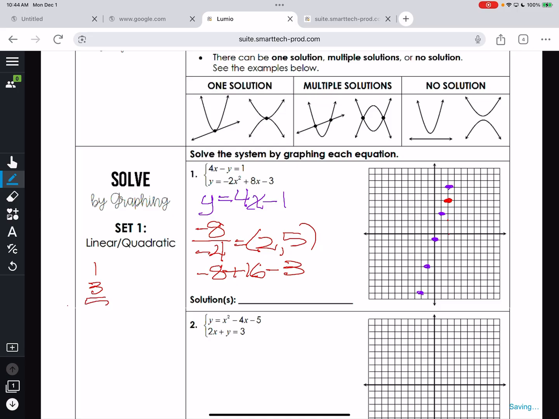So that means we're going to have 2, 6, 10. Down 2. And then over 1, down 2.